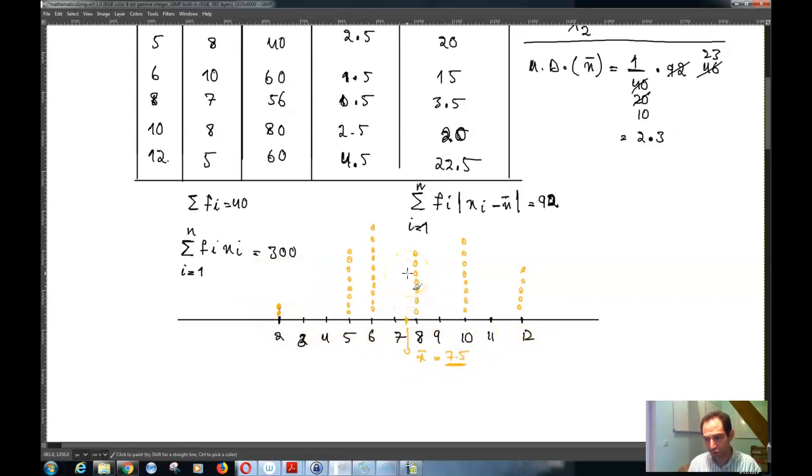Once you work a little bit with real data and take a look at these numbers, they start making sense to you.